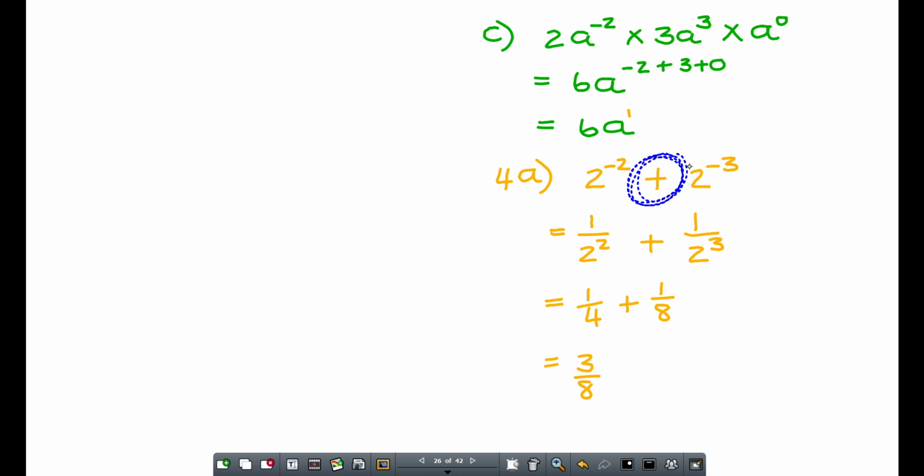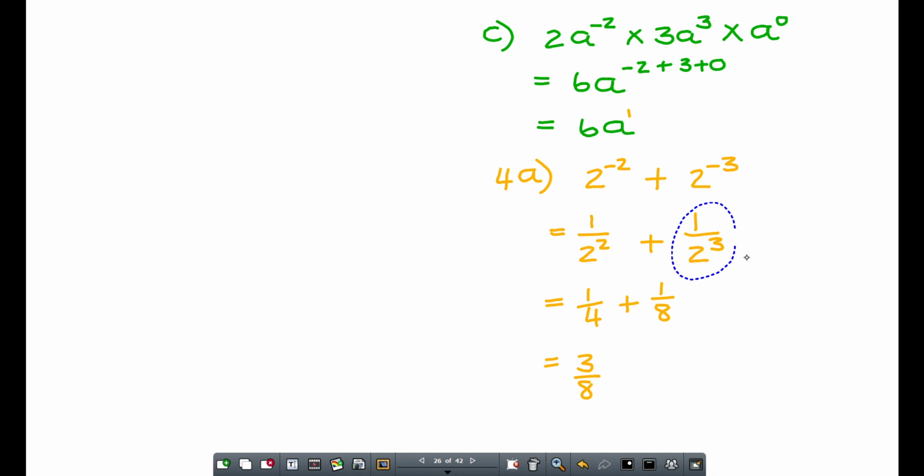That is why I could not use that rule here. So you will see that I simplified each one of those terms separately. 2 to the power of -2 will become 1 over 2 to the power of 2. And then 2 to the power of -3 will become 1 over 2 to the power of 3. Now, I simplified each one of those fractions. 1 over 2 to the power of 2 will become a quarter.